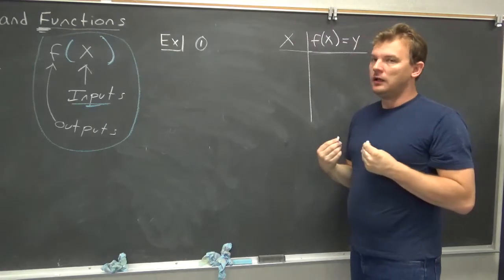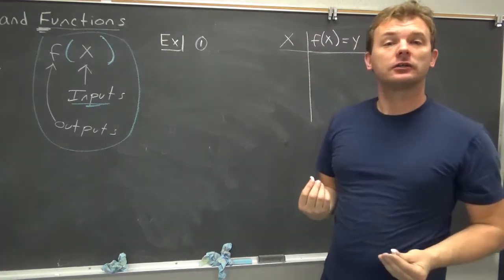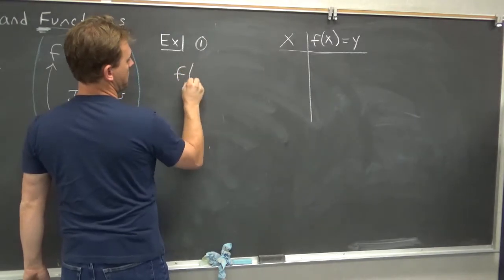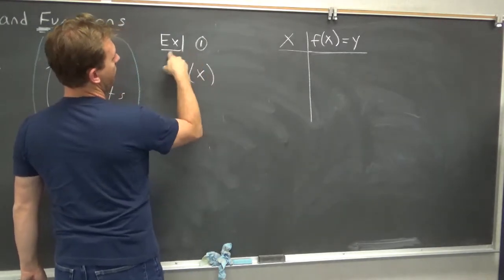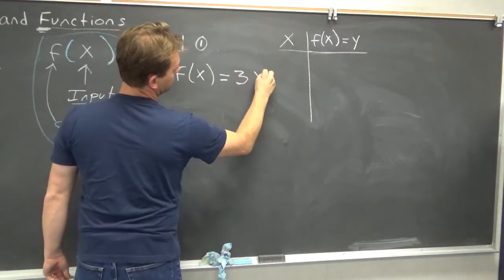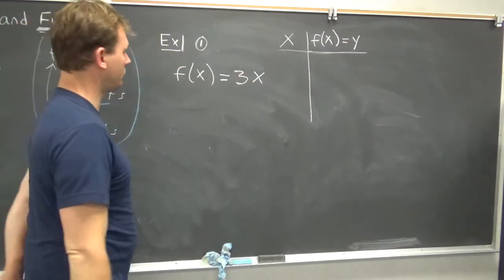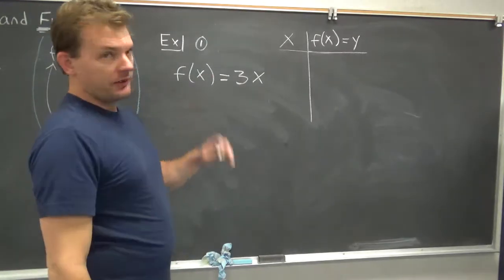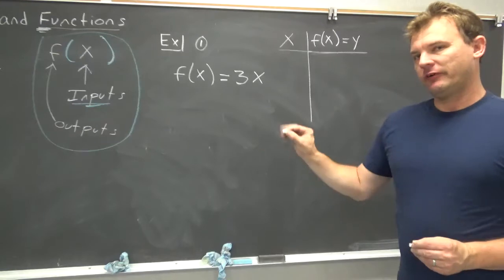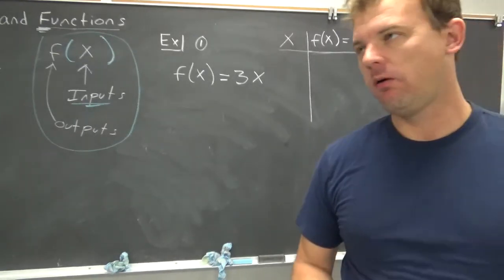So, what if I gave you something like this? This is number 1, example 1. What if I gave you something like that? And you'd be like, well, I really never saw that before.